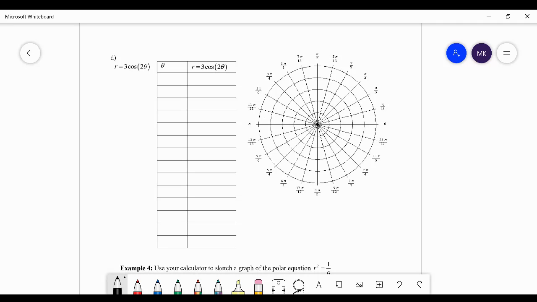All right, welcome back. So if you do this, let's make our jumps. See here, our table, if you want to, let's go 0. This is radians. We're going to do radians.